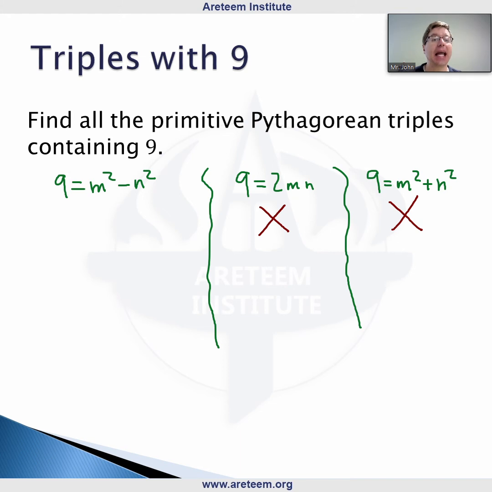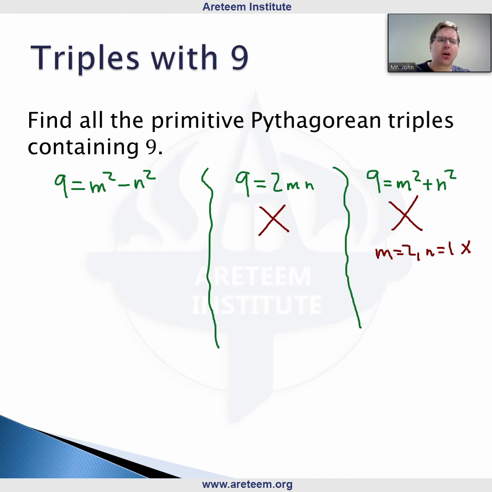If the a value is m squared minus n squared, m has to be bigger than n. So we could check m is 2, n is 1. That doesn't work. Could m be 3? No, that's already too big. So this is the only one you need to check.